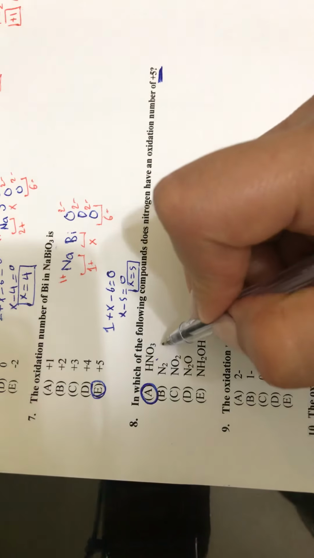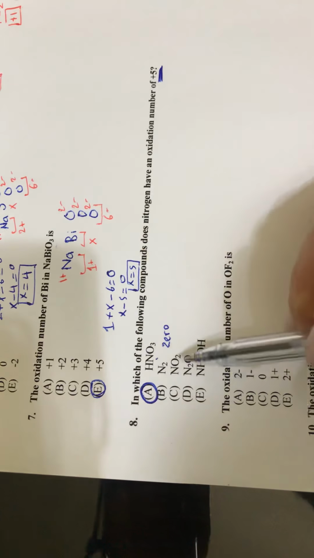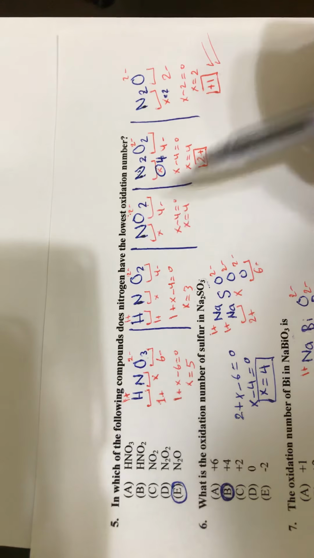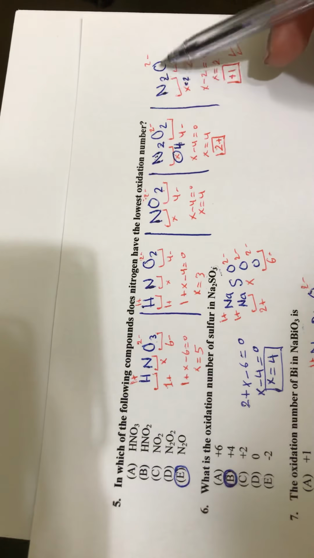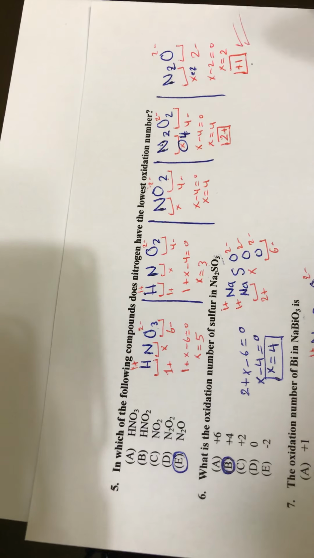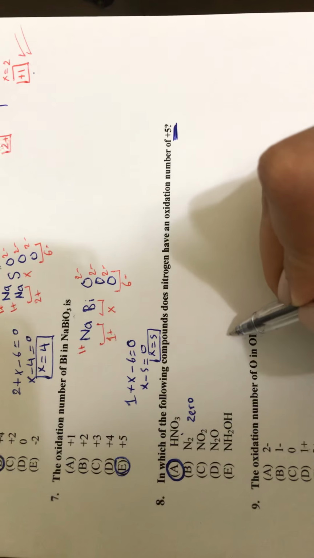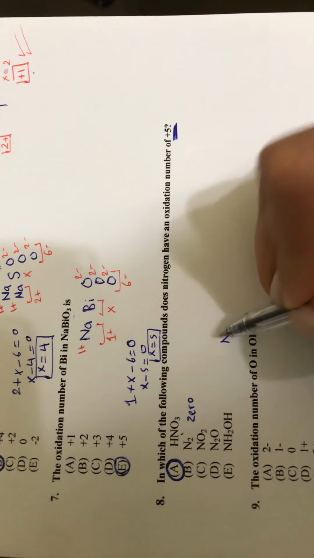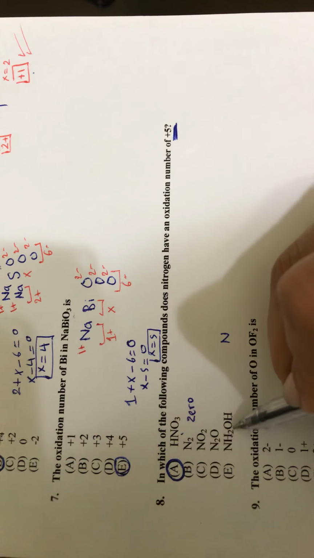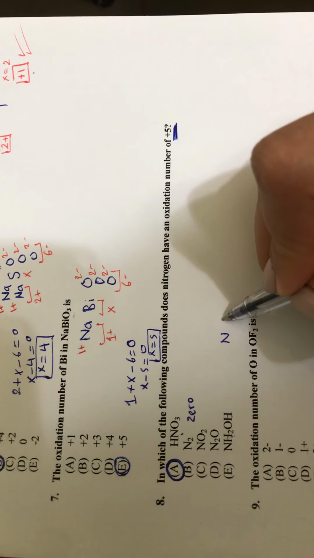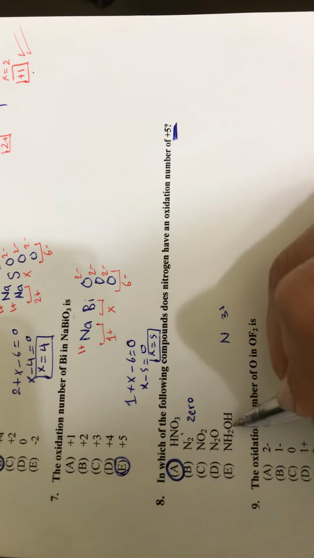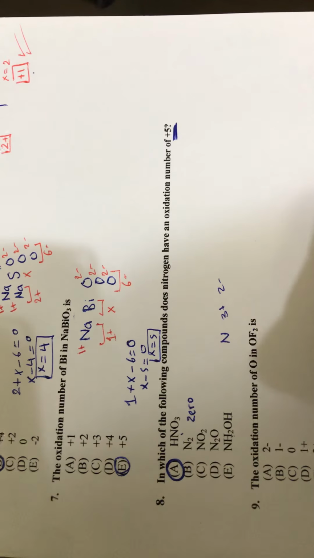Here 0, because one type of atom. NO2, the charge is 4. And N2O, the charge is +1. And NH2OH, it contains 1 nitrogen, 3 hydrogen, so +3, and 1 oxygen, -2.